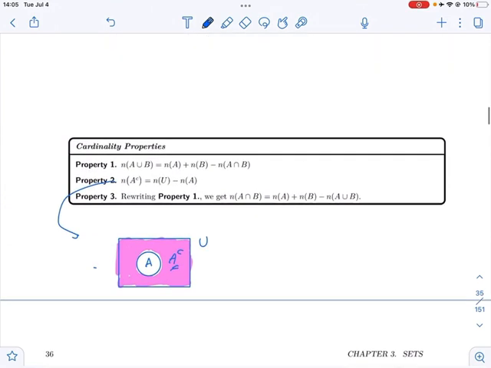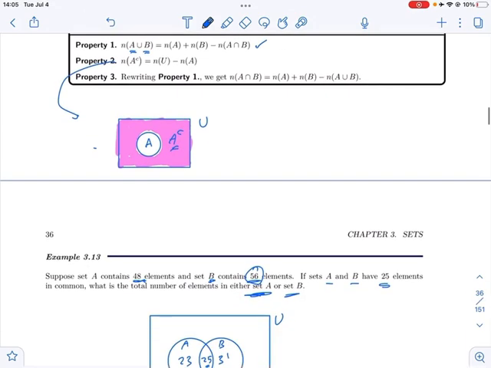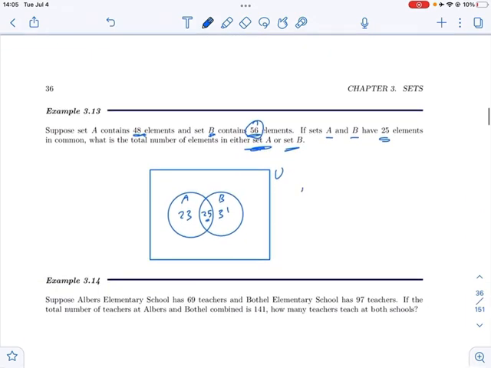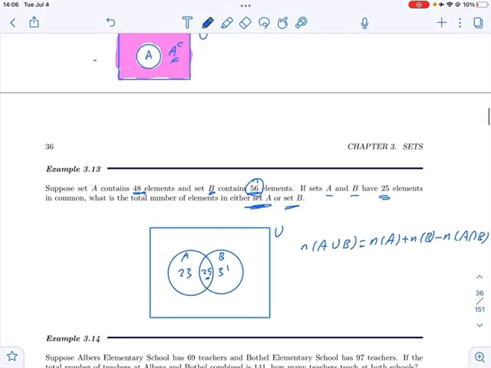We can use the first property because the first property gives me the number of elements of A or B. So the number of elements of A or B is the number of elements of A plus the number of elements of B minus the intersection of A and B. This symbol is read intersection. This is union. If it's open up, it's union. If it's open down, it's the intersection. Good. So we use property 1.